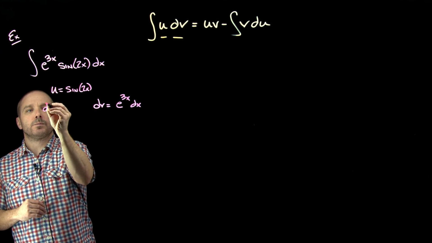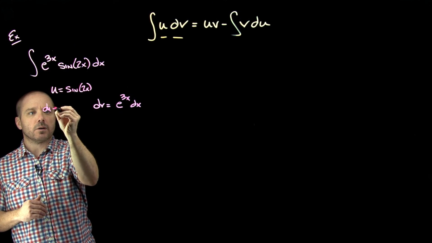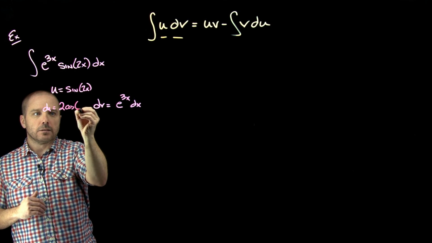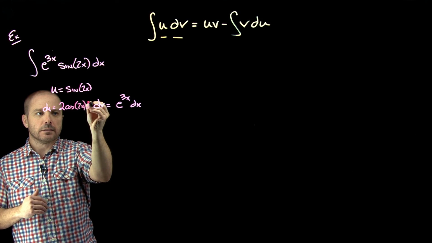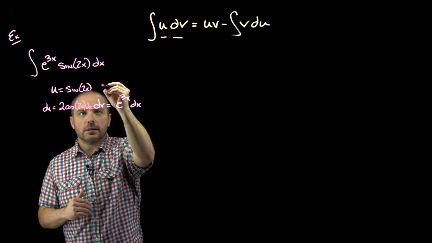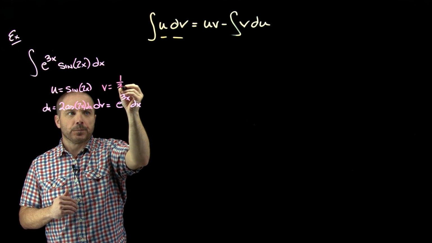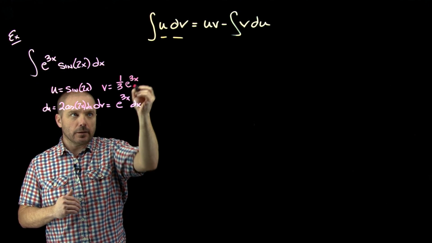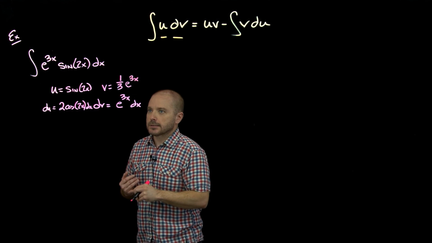So du, we do have a little bit of chain rule going on here. So 2 cosine 2x dx. And then here we've got a little bit of u sub going on there. So 1/3 e to the 3x.